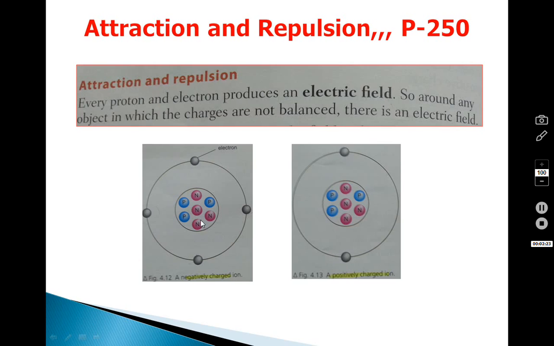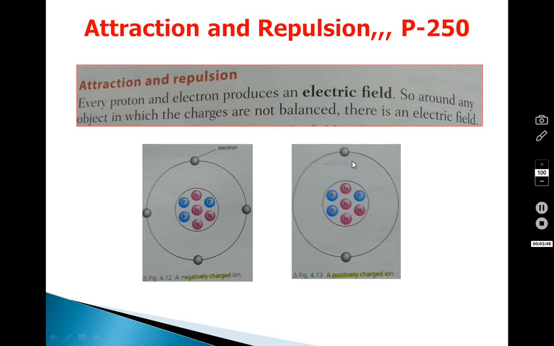If the number of electrons, here it is 4, is greater than the number of protons, the atom charge is negative.